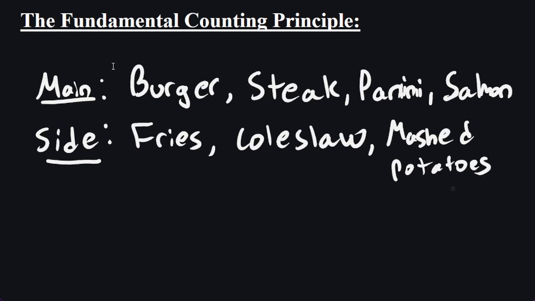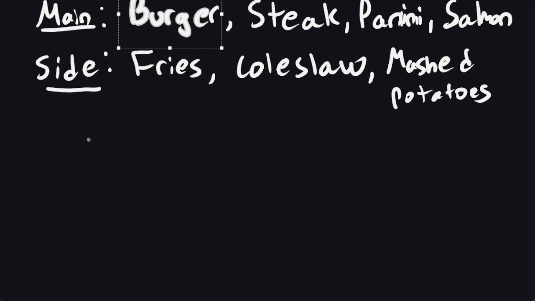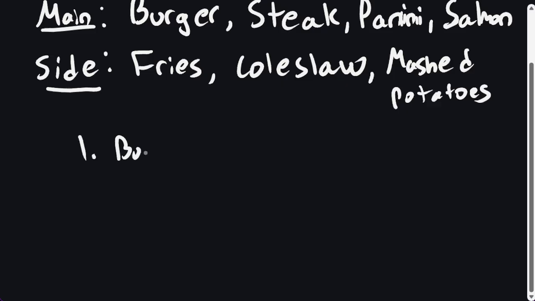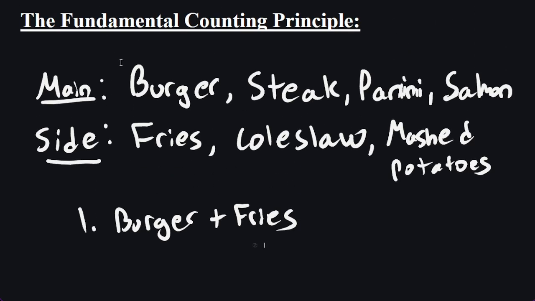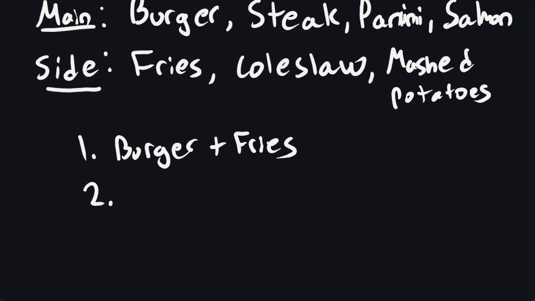Well, we can come up with a few. For example, someone could get a burger with fries. So let's go write that down. There's one so far. Burger plus fries. Someone could get a burger with coleslaw. That's fine too. So that's number 2.